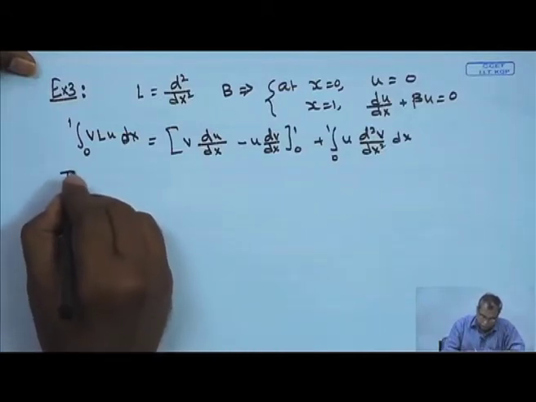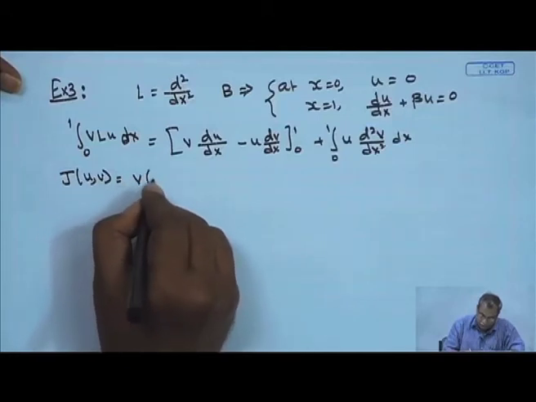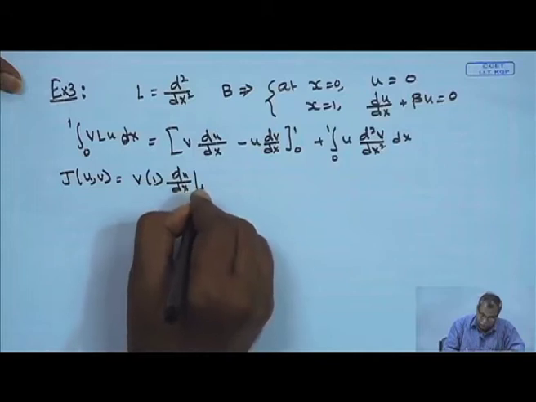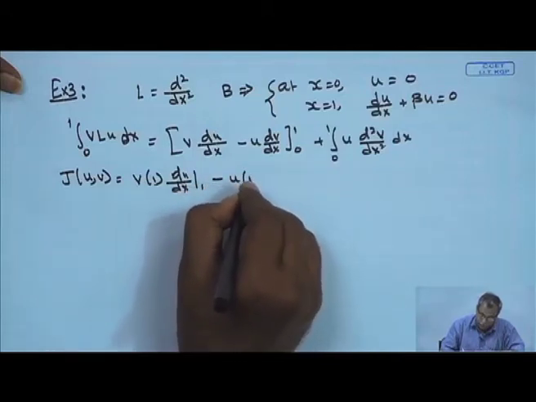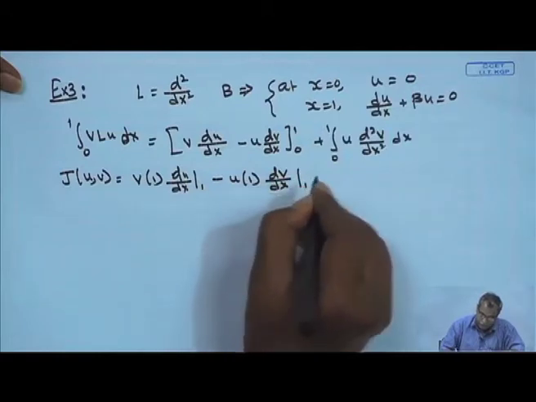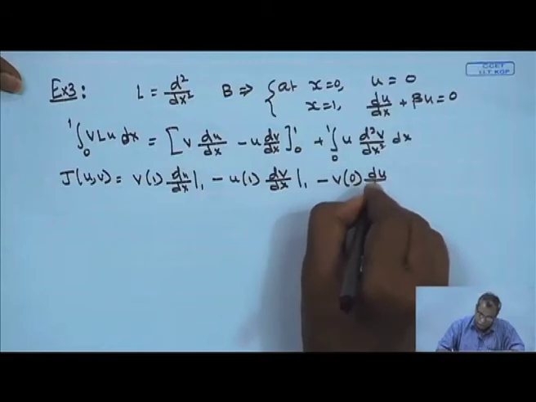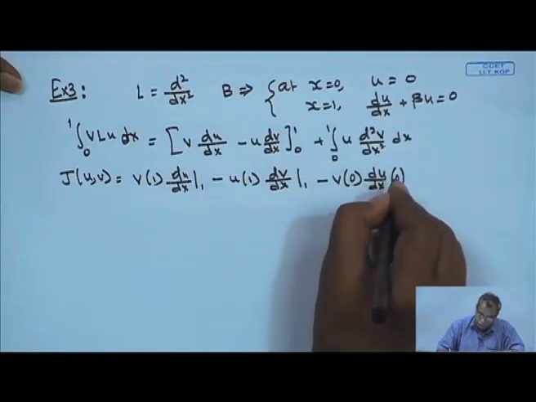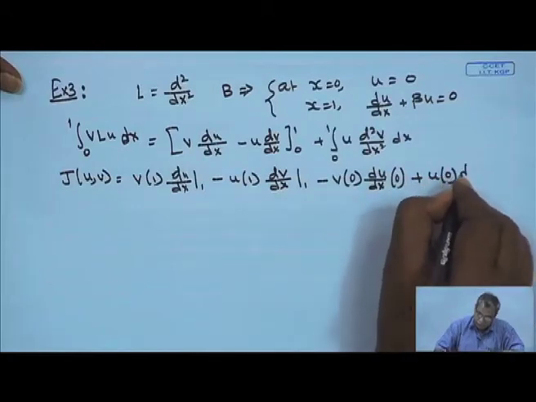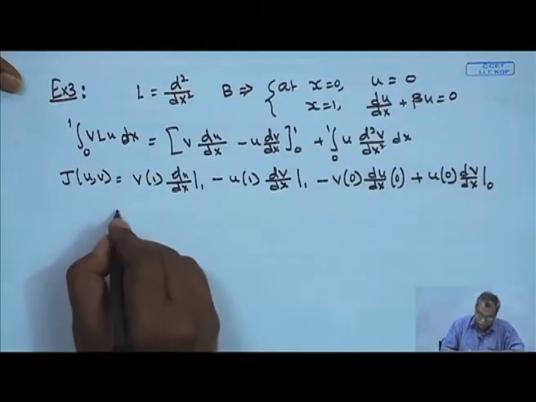So, let us find out what J(u, v) is in this case. J(u, v) in this case will be v at 1 du/dx evaluated at 1 minus u at 1 dv/dx at 1 minus v at 0 du/dx at 0, plus u at 0 dv/dx at x equal to 0.